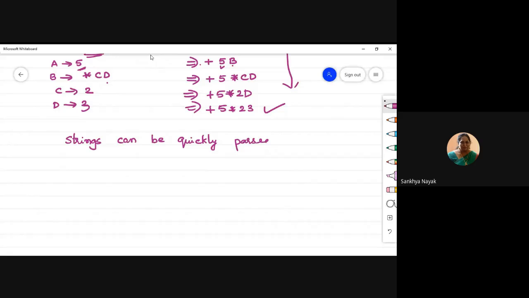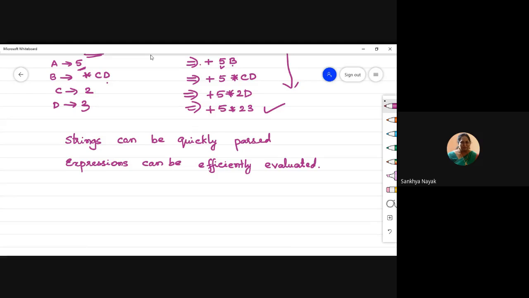Also, expressions can be efficiently evaluated, which you saw in the example above. So these are also a few advantages of Greibach normal form.